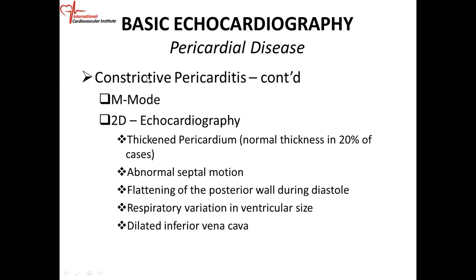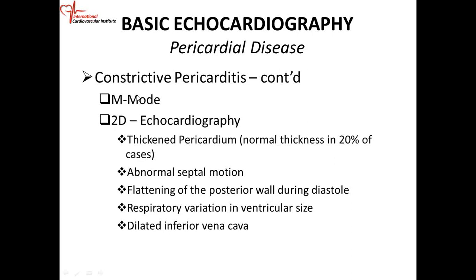So how do you make the diagnosis of constrictive pericarditis? I'm going to go through a series of things, and then I'm just going to give you 3 things that you need to remember. Okay? So, of course, you want to look at your M mode. You want to look to see if there's pericardial thickening.